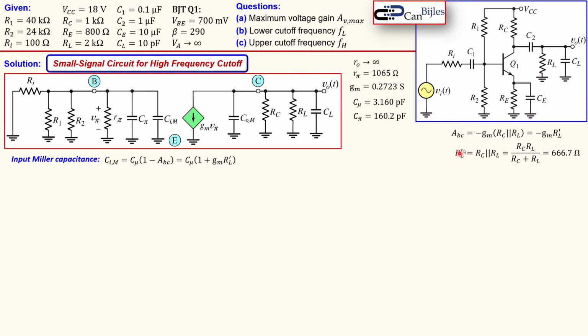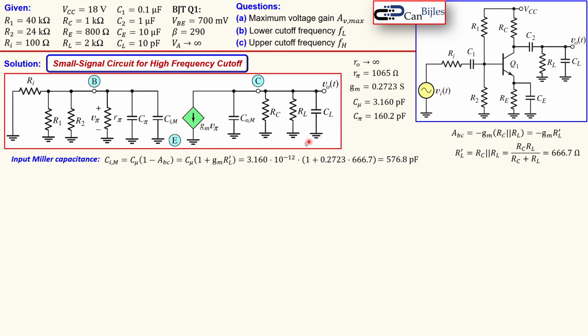So we have the RL prime, which is 666.7 ohms. So we have the GM, so we can calculate that, and that will result in 576.8 picofarads.